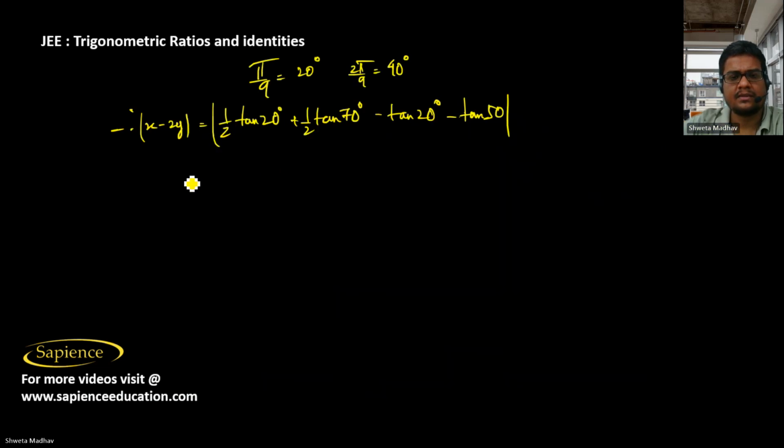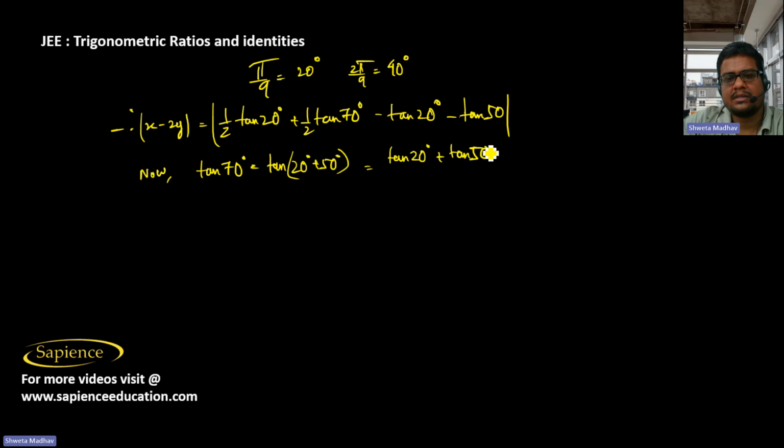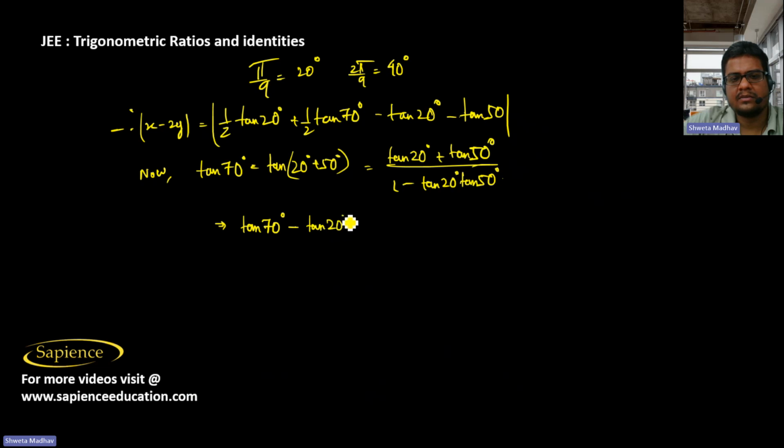Now tan 70 degrees, we can say it is tan of 20 plus 50 degrees. So this will be tan A plus tan B by 1 minus tan A tan B, so tan 20 plus tan 50 by 1 minus tan 20 into tan 50. Therefore I can say tan 70 minus tan 20 into tan 50 into tan 70 is equal to tan 20 plus tan 50.